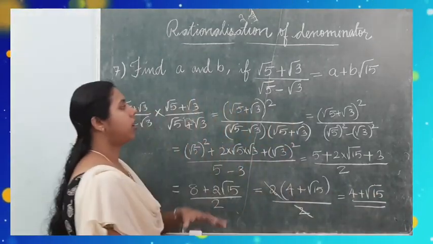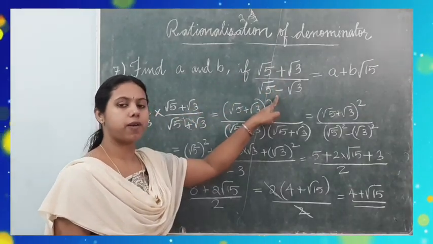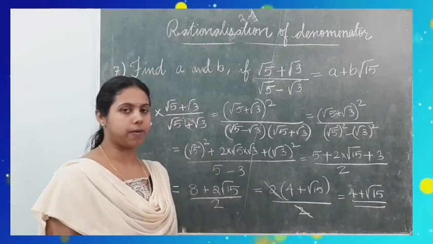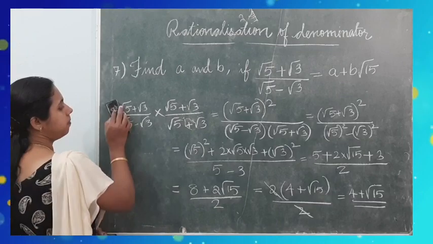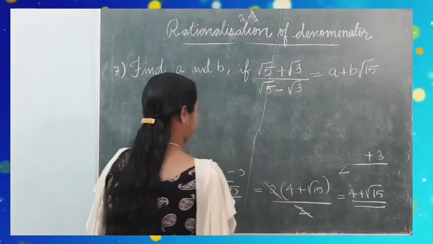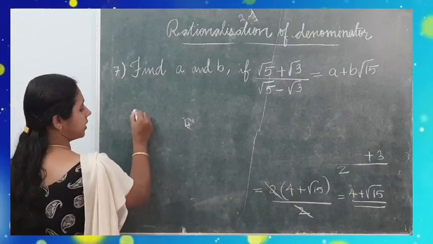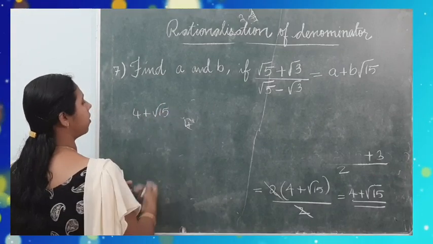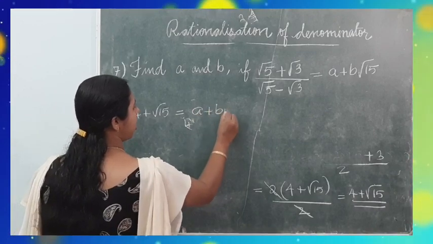So we got root 5 plus root 3 divided by root 5 minus root 3 is equal to 4 plus root 15. Now you can substitute the value there. Here LHS is equal to 4 plus root 15, which is equal to a plus b root 15.